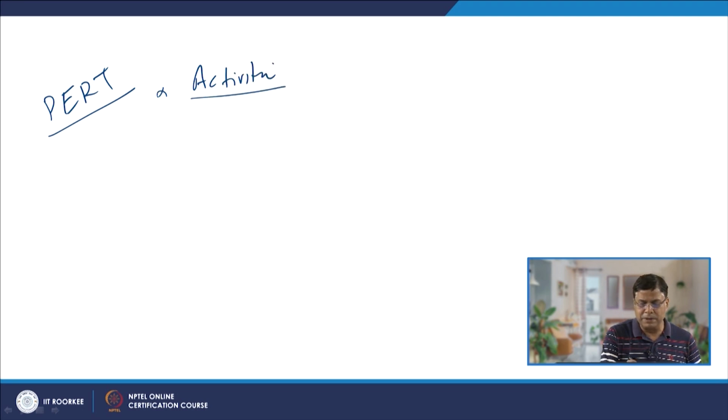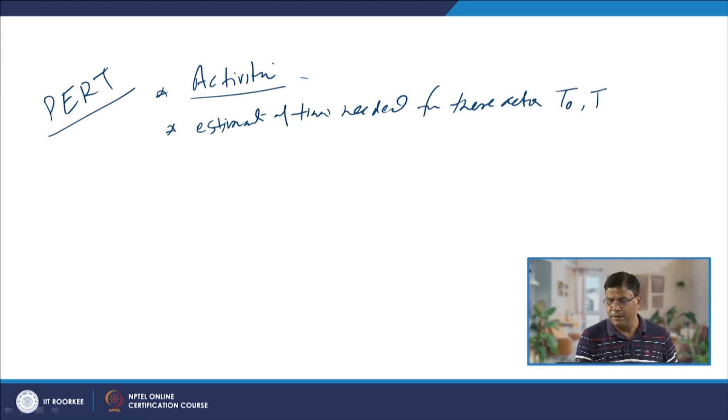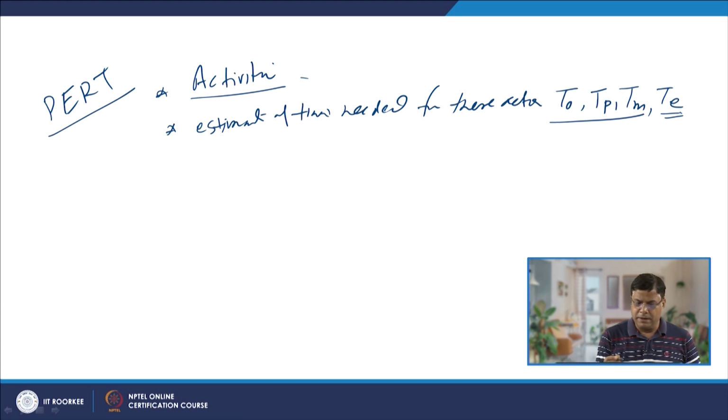So, activities with the details need to be identified, and then we need an estimate of the time needed for performing these activities, in the form of optimistic time, pessimistic time, and most likely time, and based on this we determine the expected time TE.